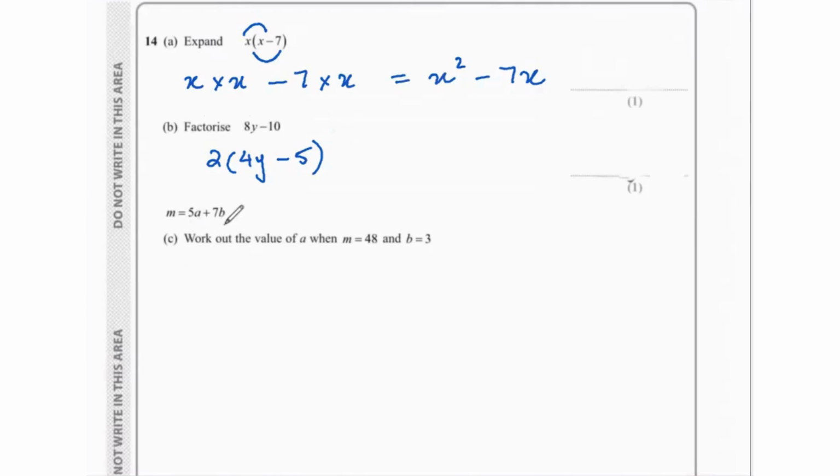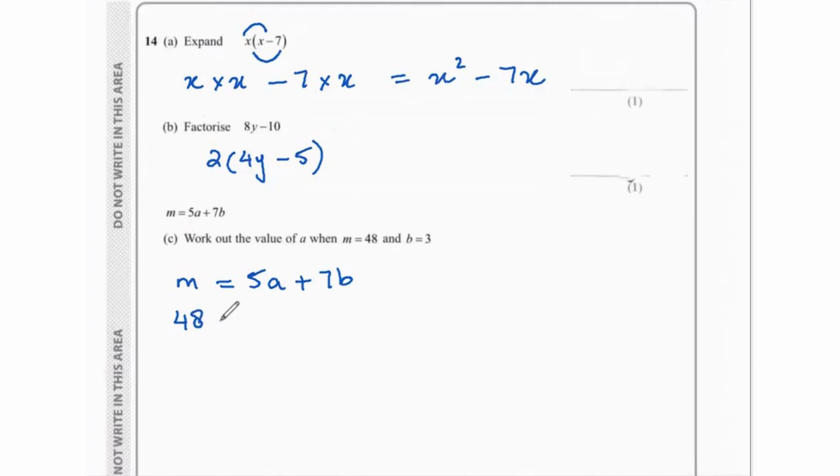Then m equals to 5a plus 7b. Work out the value of a when m is 48 and b is 3. So we just substitute the value of m and b in the equation to find the value of a.